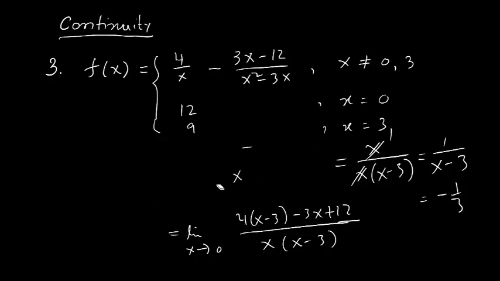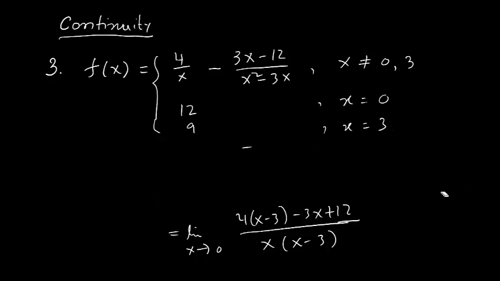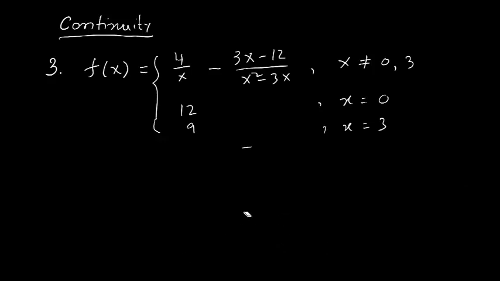Now if you look at what happens, I got limit x goes to 0, f of x is negative 1/3. So limit exists. Now x equals 0, that is given 12 here.